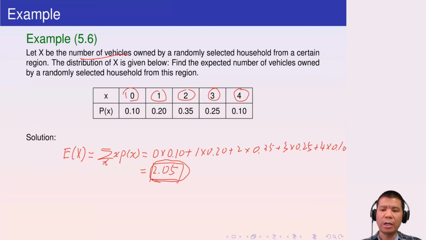Those are the possible values of X. But the mean is a theoretical average. It is a long run average among many, many households. So therefore, the average can be a decimal. So here 2.05 makes sense. All right, so be careful on that.